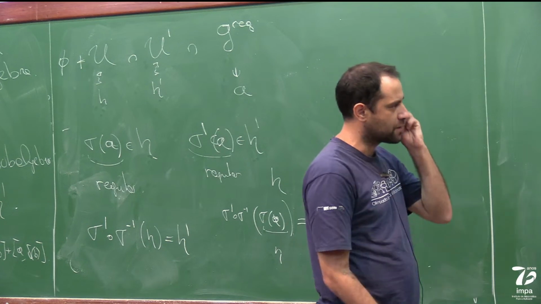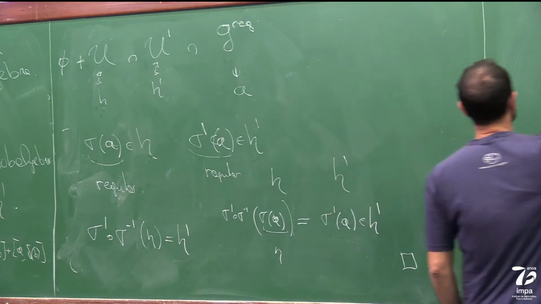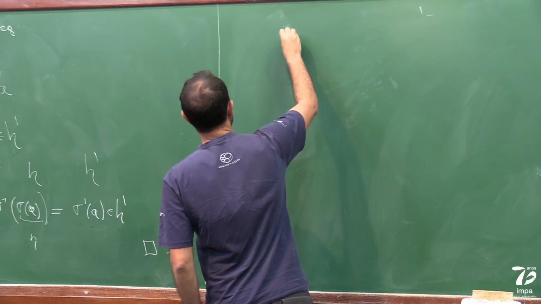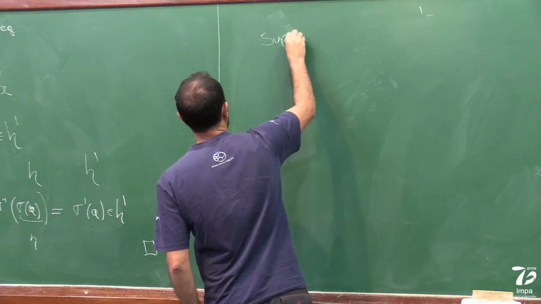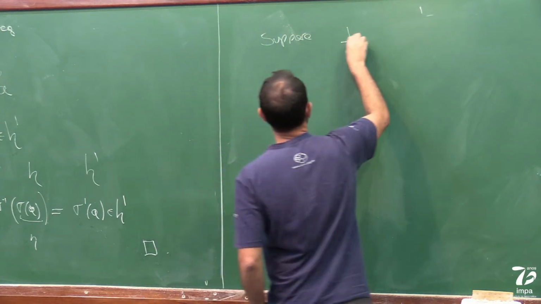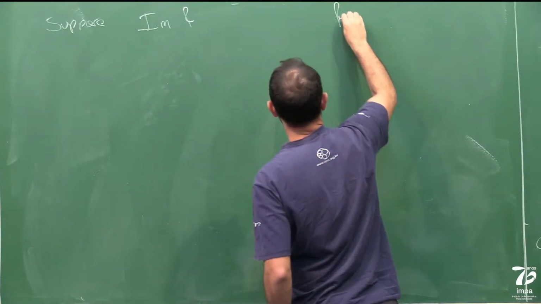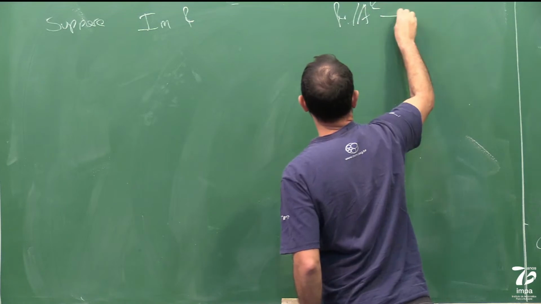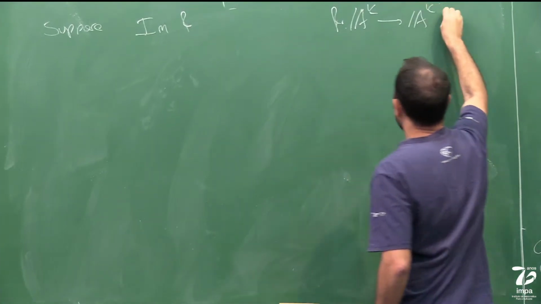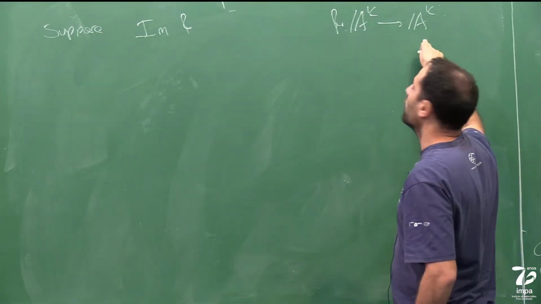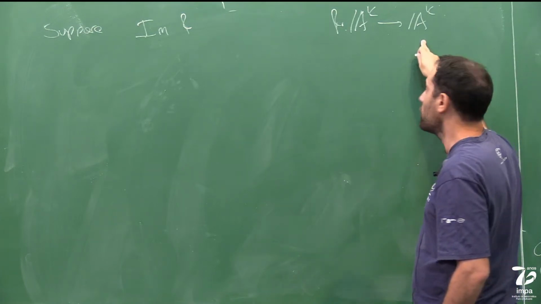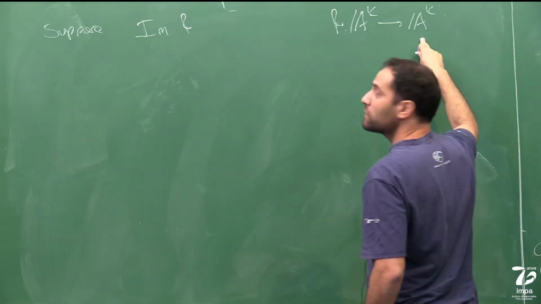The first observation I'll make is this. Let's suppose that the image of F, remember, we have a map from A^k to A^k, does not contain any Zariski open.